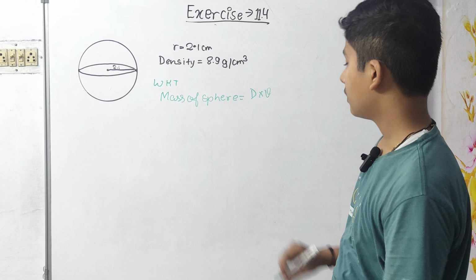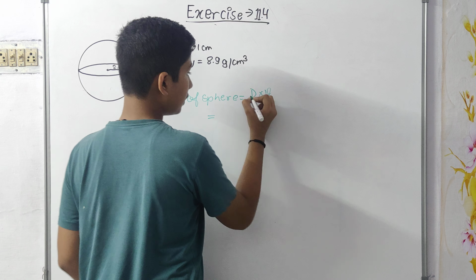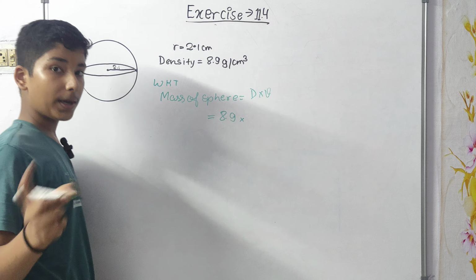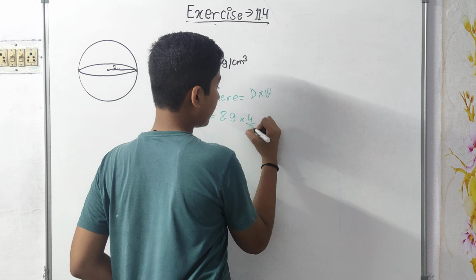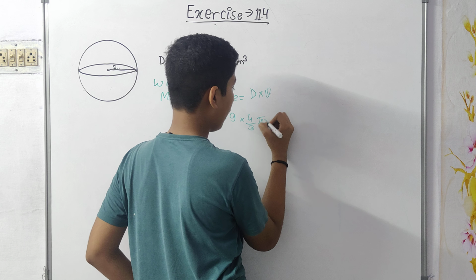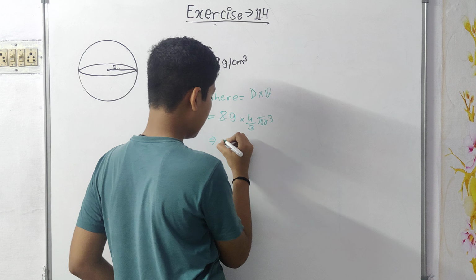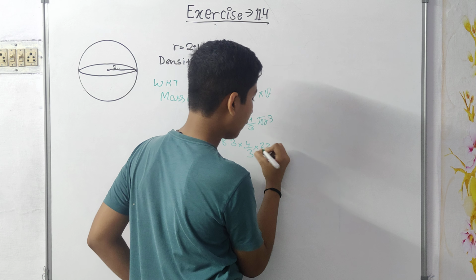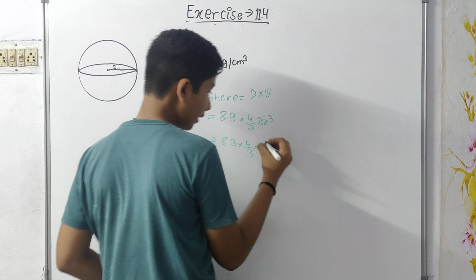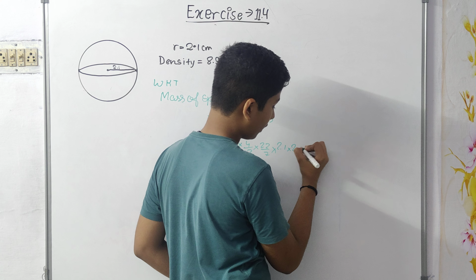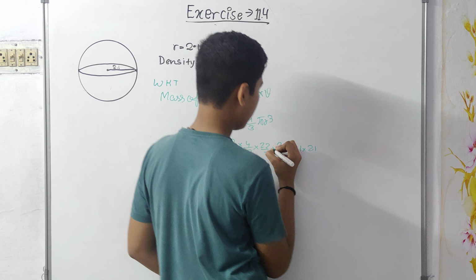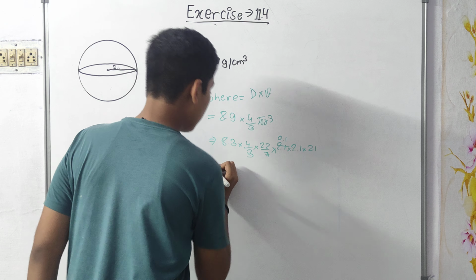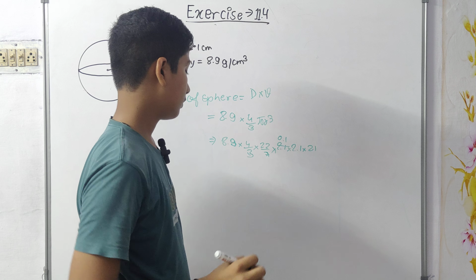Okay. Now mass equals density, which is 8.9, into volume, which is 4 by 3 pi r cube. Again 8.9 into 4 by 3 into 22 by 7 into radius, which is 2.1 into 2.1 into 2.1. Now 7, 3, 21, 0.1. Oh, wait, it was 8.9.